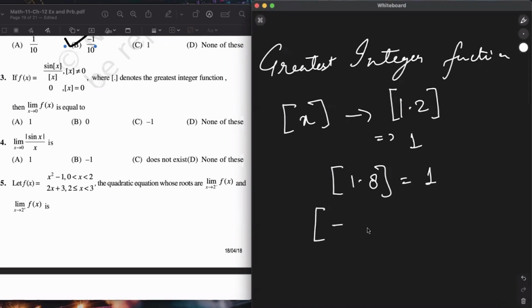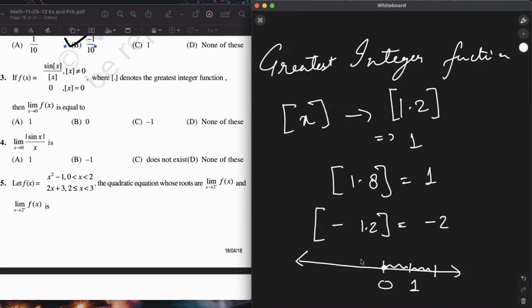If you put a value of minus 1.2, tell me what will it return? It will return a minus 2. Why does it work like this? Always imagine it is a number line. This is a 0. Okay. What happens is like this is 1. If you are somewhere in this region, the GIF will return this value. And after you have crossed this bar, like you are in this region, then it will return this bar value.